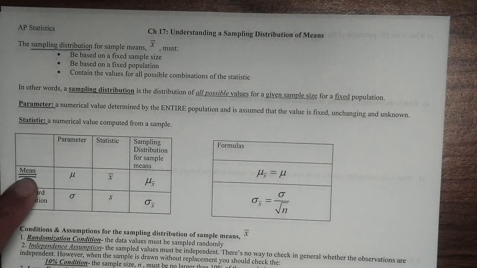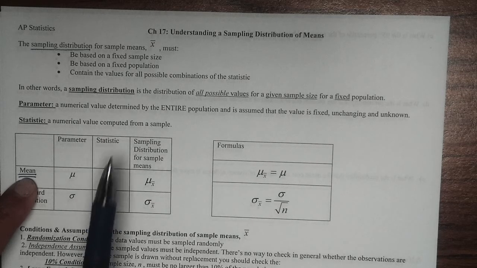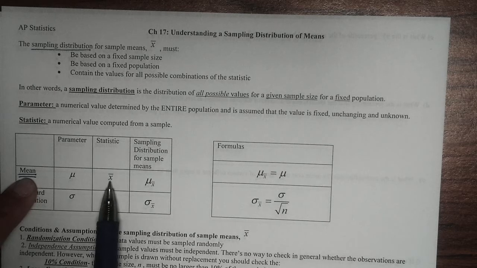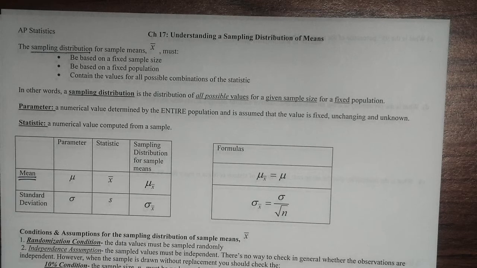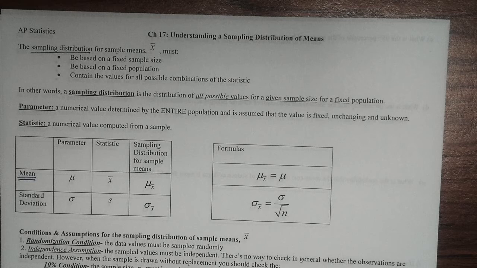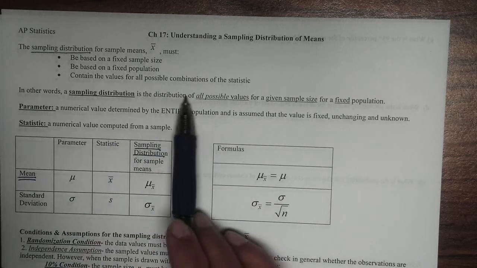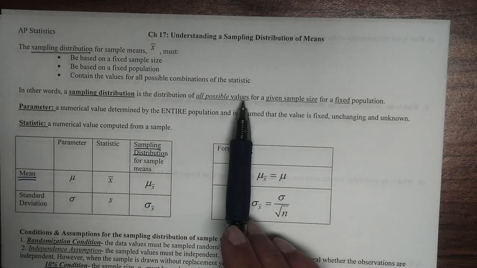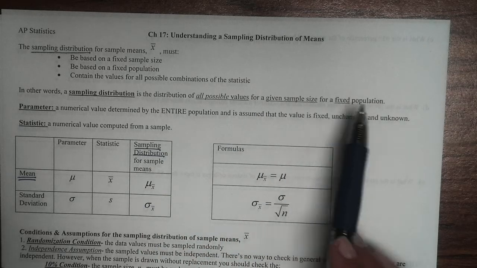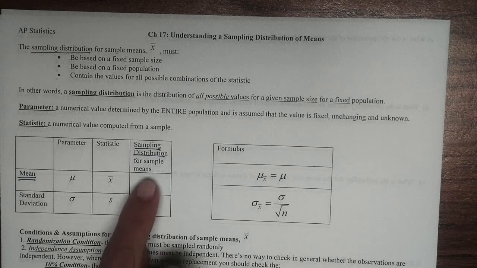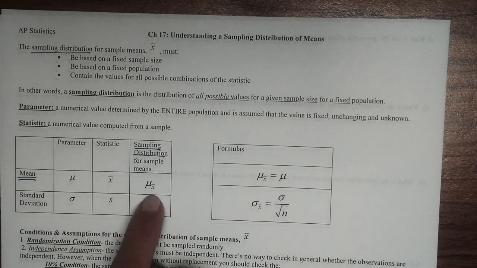But if we're talking about just a sample from the population, remember, a sample is called a statistic, we're going to use this little x bar. And the last symbol you need to know is for sampling distributions, which remember is the distribution of all possible values for a given sample size for a fixed population. Memorize that. If you're talking about a sampling distribution, this is the symbol that we're going to use, putting both of those together. So just recognize that.